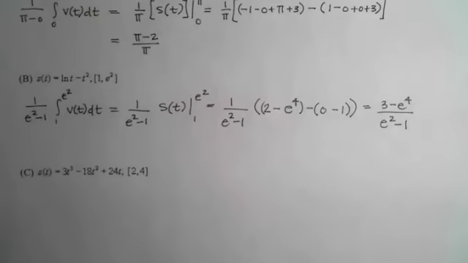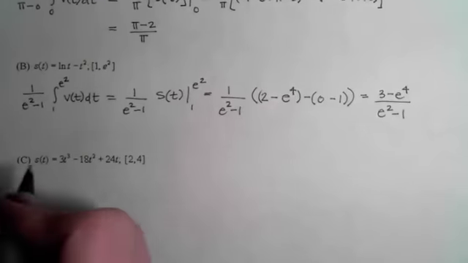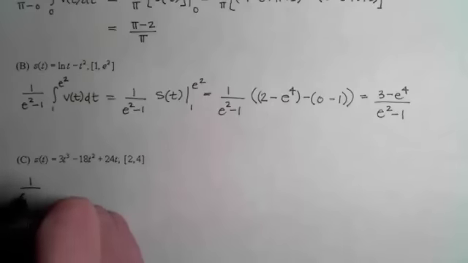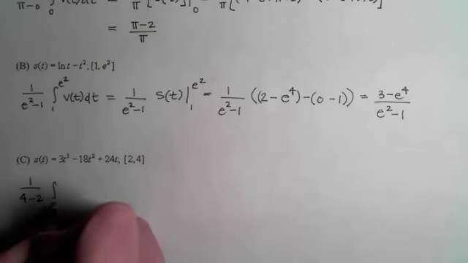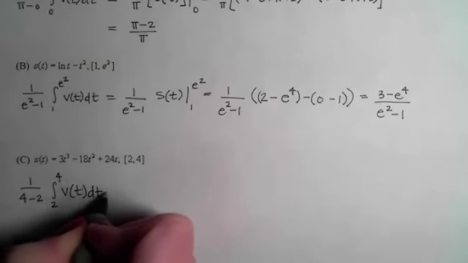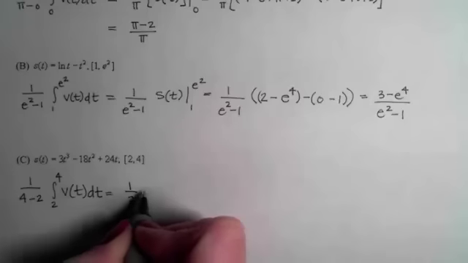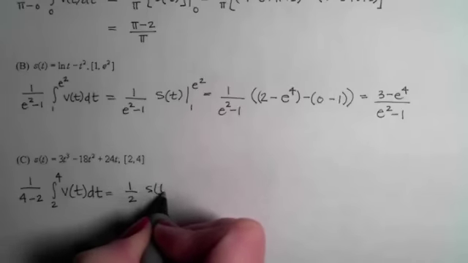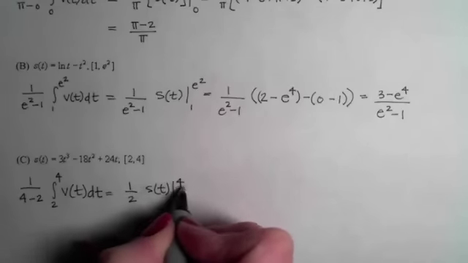Last part, C, same process. 1 over 4 minus 2 times the integral from 2 to 4 of the velocity function will be 1 over 2 times the position function evaluated from 2 to 4.